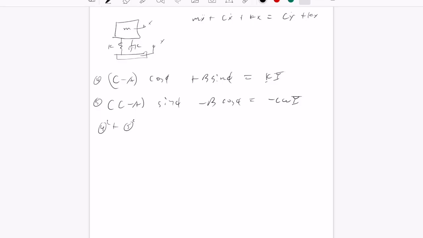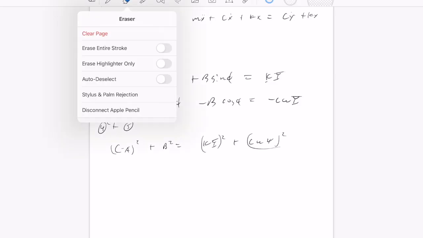And when we do that, we know that these sines and cosines become squared and become 1 and go away. And then these and these cancel each other out. So we're going to end up with c minus a squared plus b squared is now equal to ky squared plus c omega y squared. Okay.